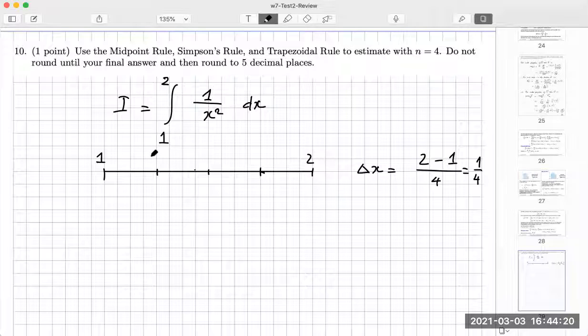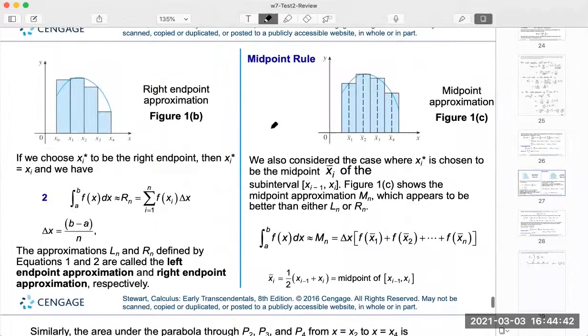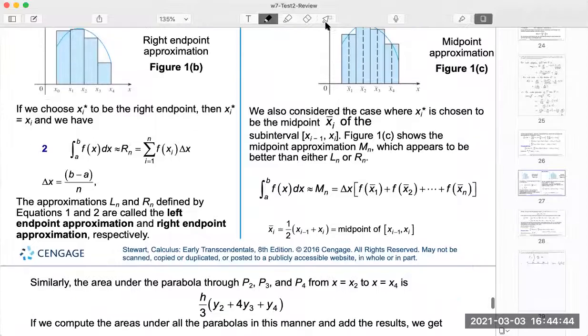Therefore, this will be 5 over 4, 3 over 2, right? And 7 over 4 and 2, okay? The midpoint rule is this guy, okay?